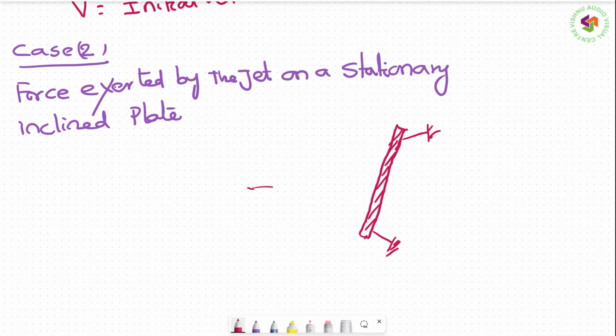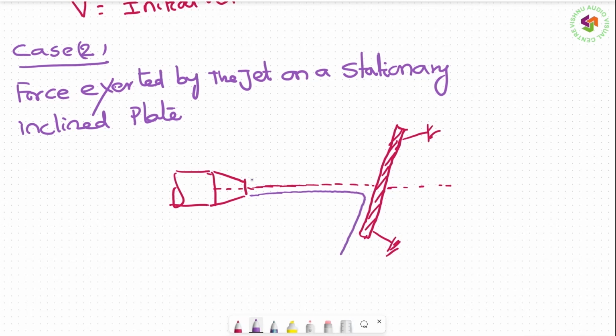Now this is the direction of the jet. Just notice it. Right. Now the jet is coming from somewhere here. Okay, now how does the jet actually strike? The jet coming here leaves like this, right?